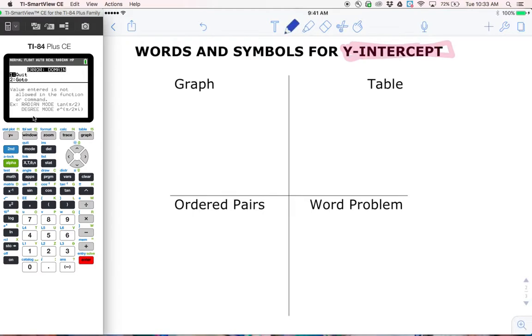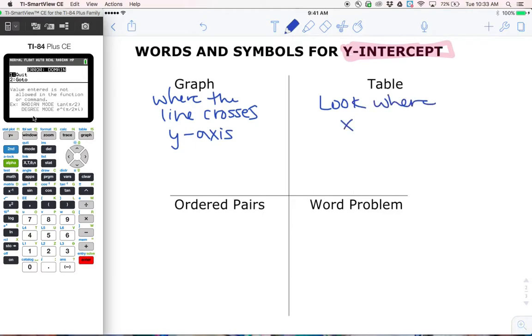All right, how do we find the y-intercept from a graph? Well, it just is where the line crosses the y-axis. All right, from a table, we're going to say look where x is 0. From an ordered pair, we would have a 0 for x and just a number for y.